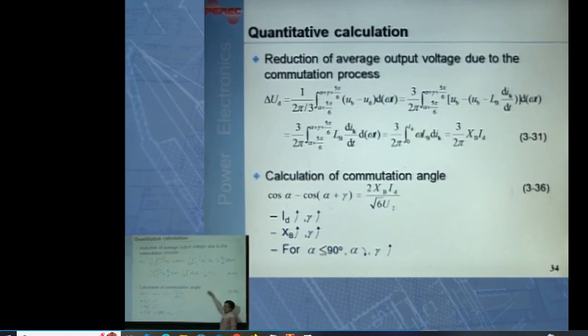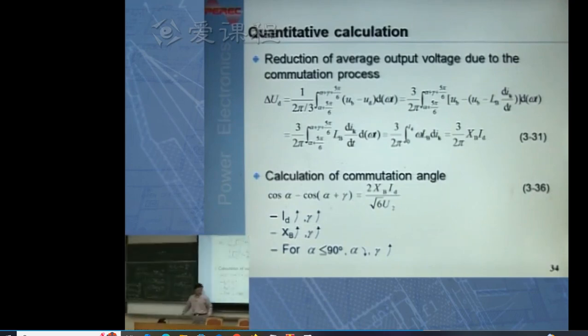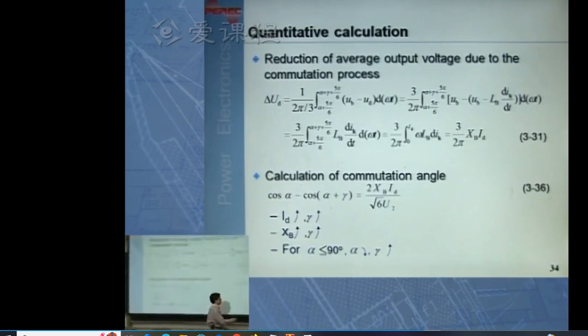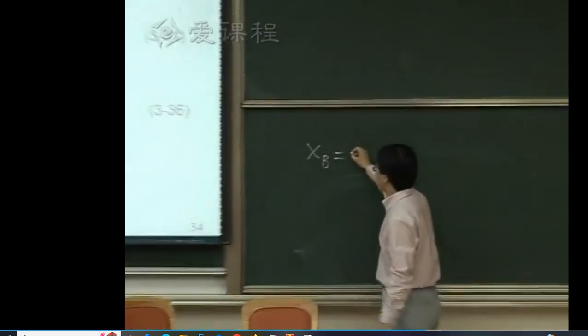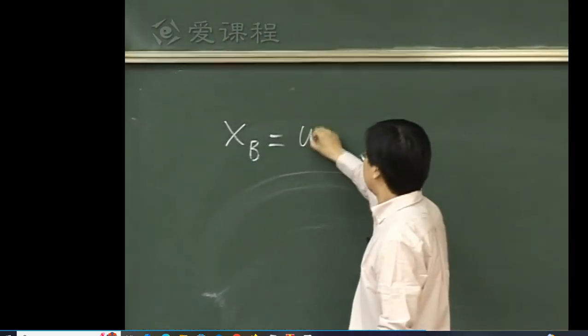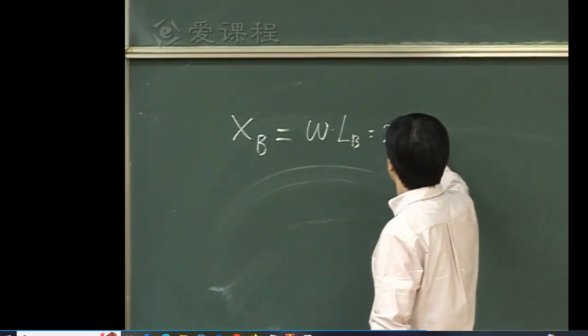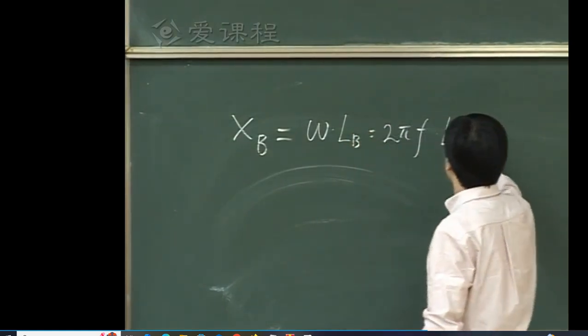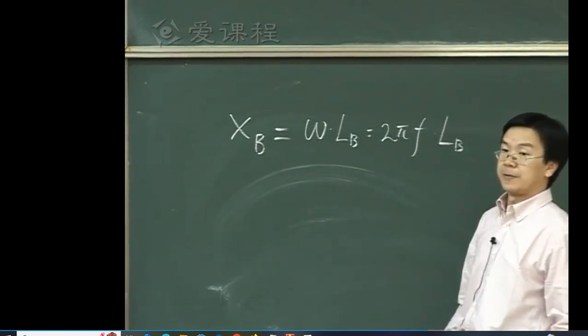It will be equal to 3 over 2 pi XB ID. XB is the reactance of the leakage inductance, so it should be equal to omega LB, that means 2 pi f LB, where f is the line frequency, 50 hertz or 60 hertz.